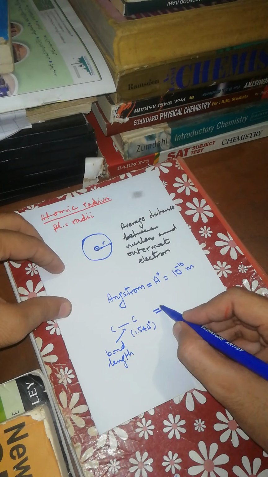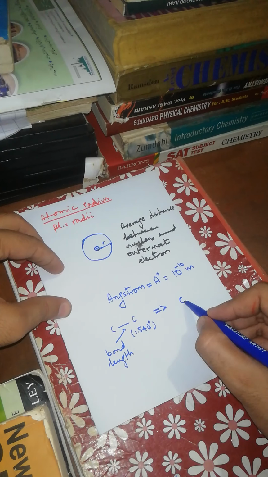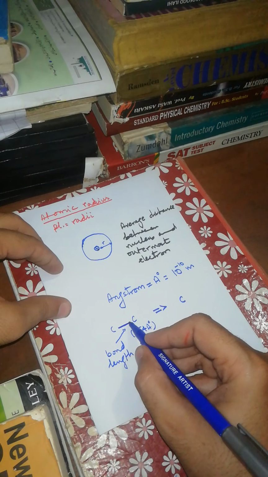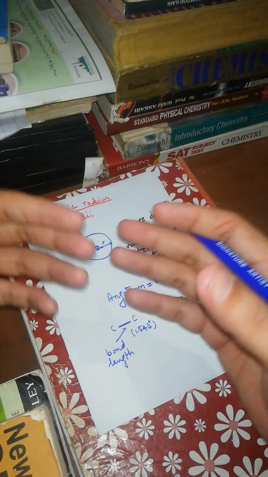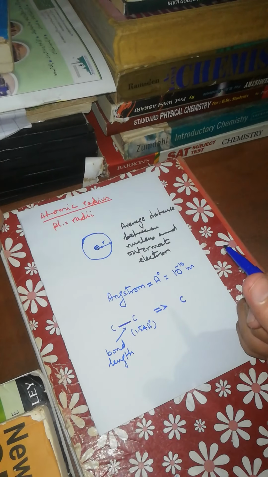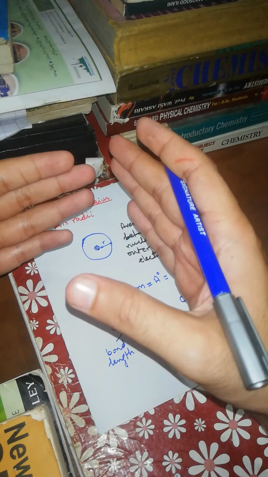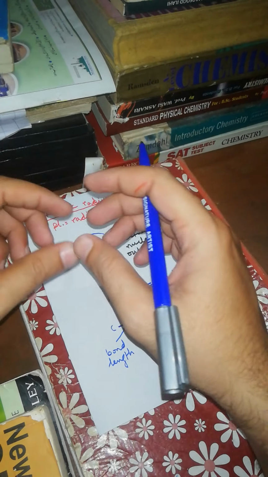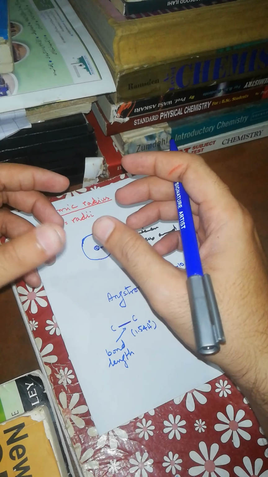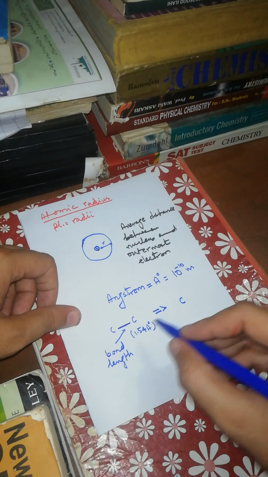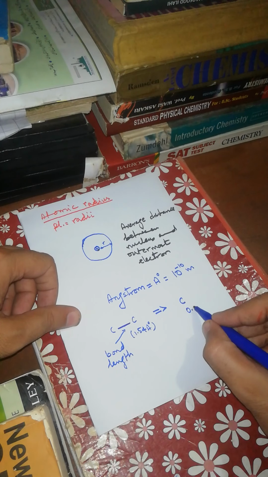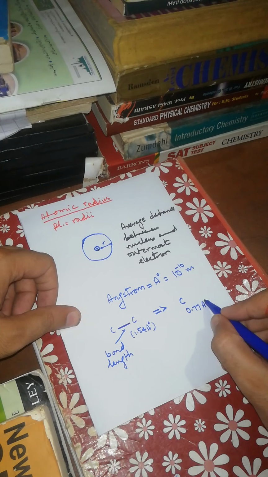So the radius of carbon will be half of this, because we know that a bond is formed by the overlap of orbitals of two carbon atoms. So the atomic radius of one carbon atom will definitely be half of the bond length between the two carbon atoms. So the atomic radius of carbon must be 0.77 angstrom.